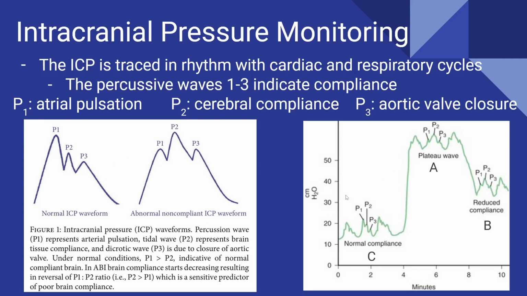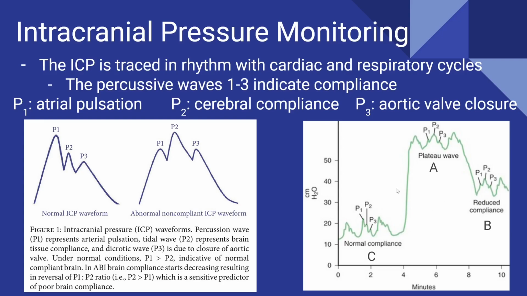So if you see this image on the right, the C kind of shows a normal or high pressure of around 15 here. You kind of take the middle. And then as your brain starts to lose more and more compliance, you can see how this P2 wave gets higher and higher.